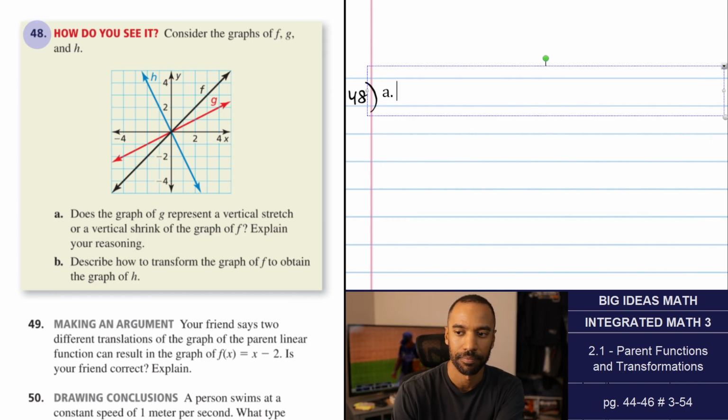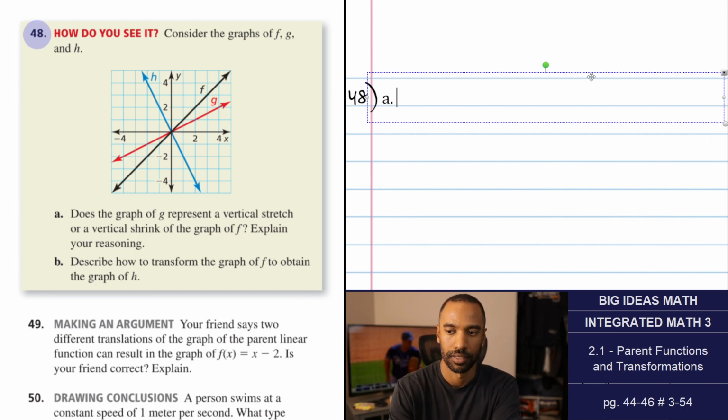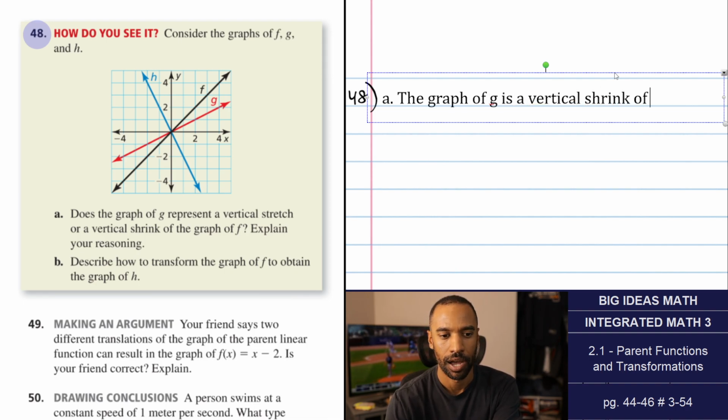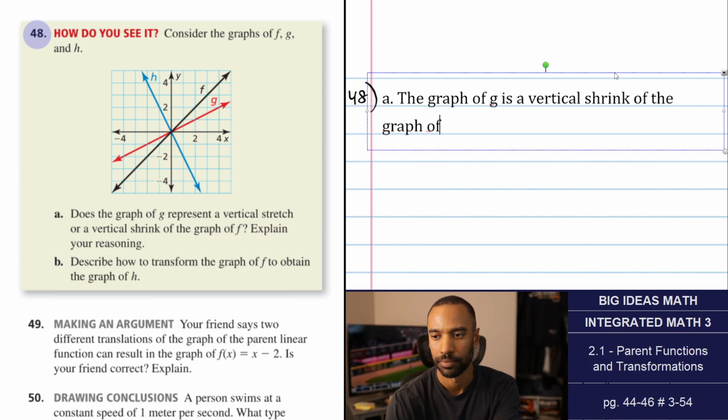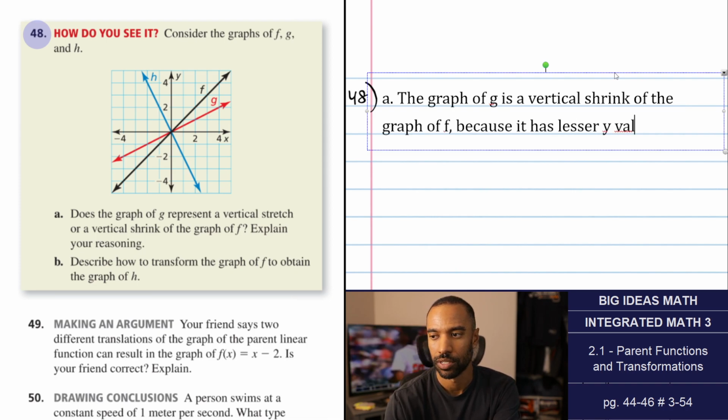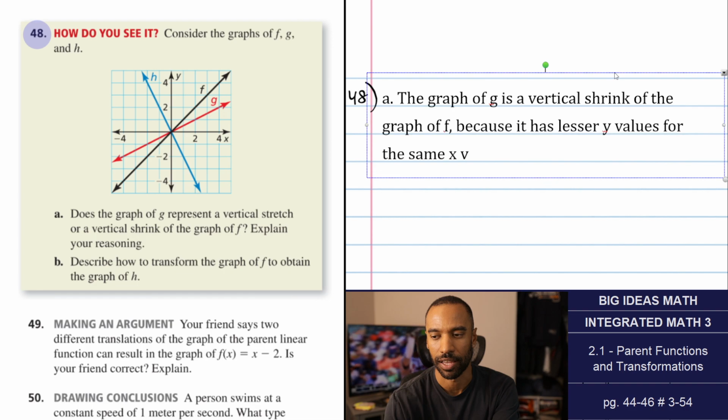So part A would say the graph of g is a vertical, I'll use their word, shrink of the graph of f, because it has lesser y values for the same x values.